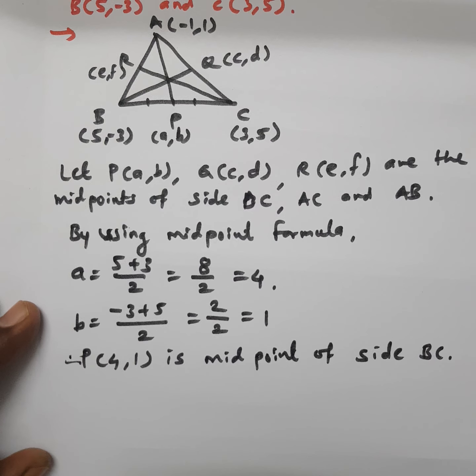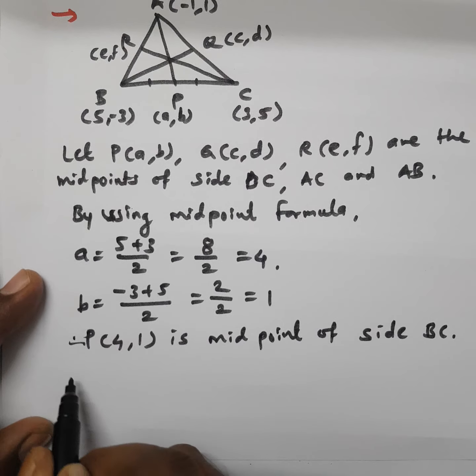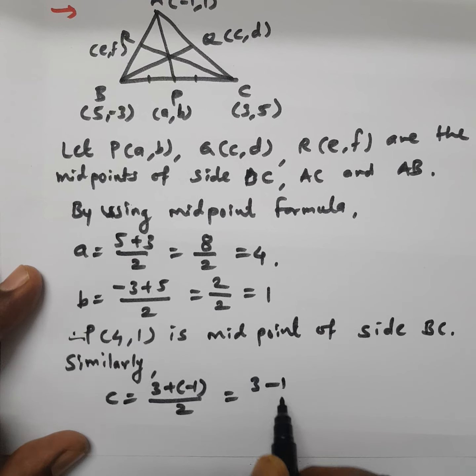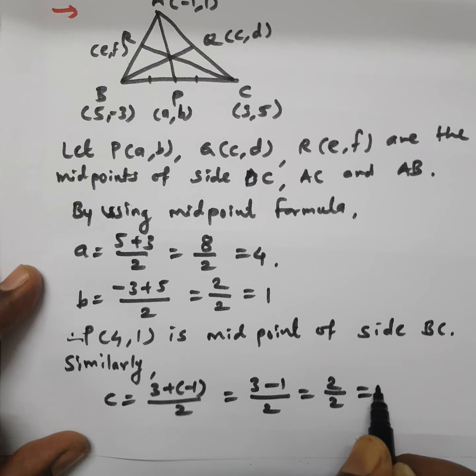Now, Q is the midpoint of side AC. Similarly, by using the same formula, C is equal to 3 plus (-1) upon 2, that is 3 minus 1 upon 2, 2 upon 2, is equal to 1.